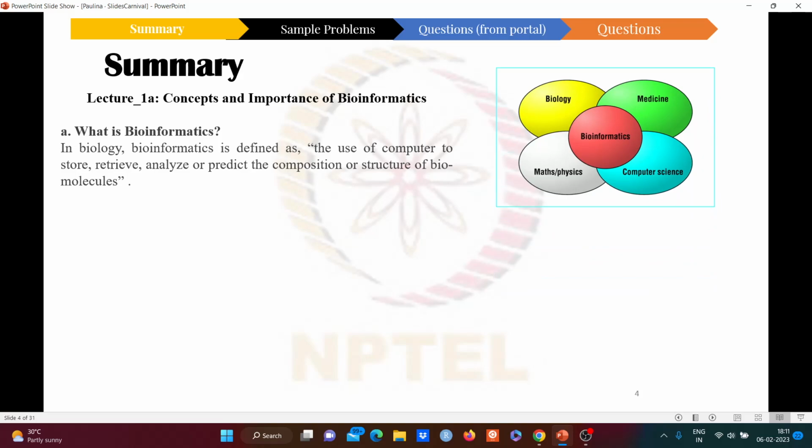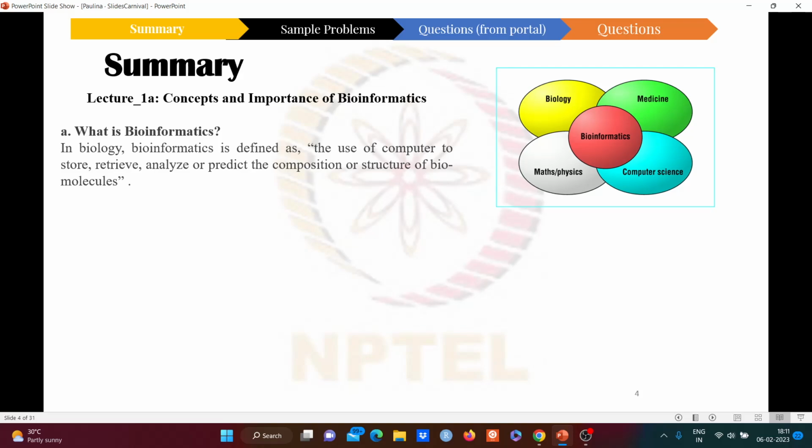As an interdisciplinary field of science, bioinformatics combines biology, chemistry, computer science, information technology, mathematics, and some statistical knowledge to analyze and interpret the biological data.